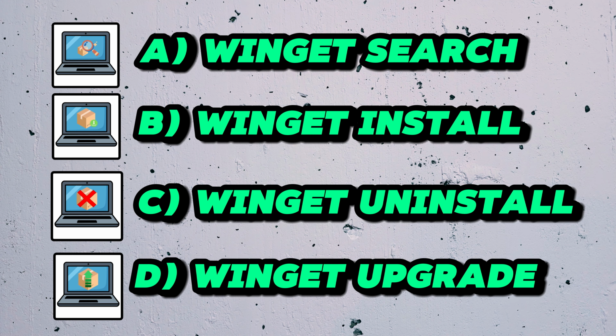Basic functionality number 4, upgrading an existing package. So this feature is pretty cool. In order to upgrade a specific application, let's say NordVPN, we can first check if this application has an update available on my machine. This is done with the winget upgrade command.